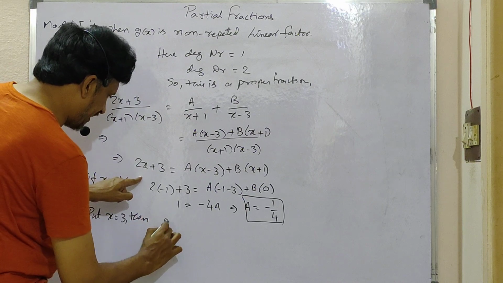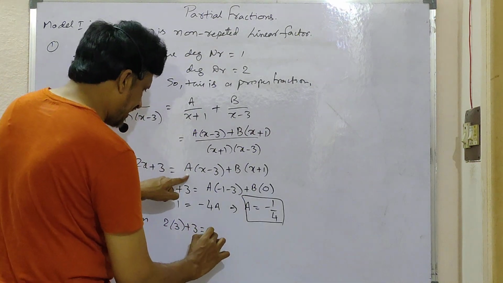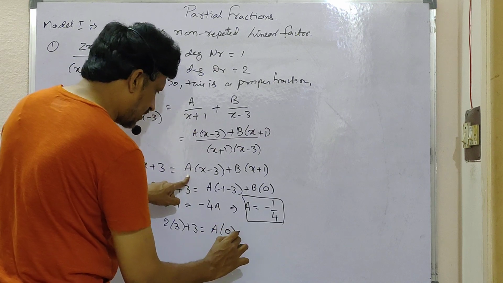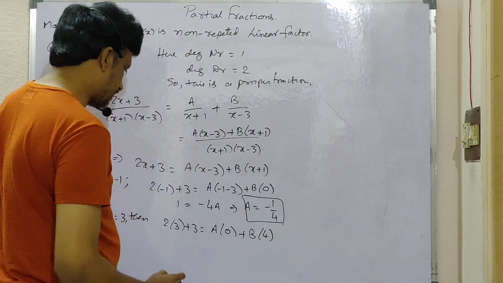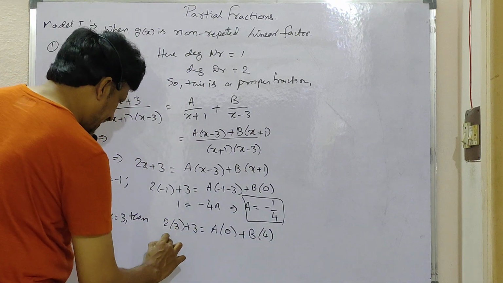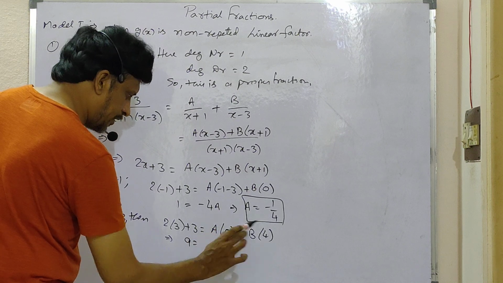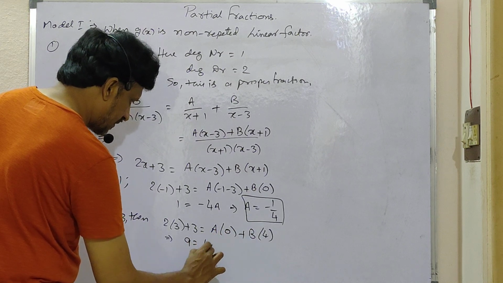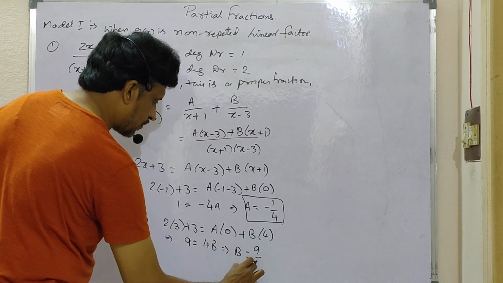Then this will be 2 into 3 plus 3, equal to a into (3 minus 3), that is 0, plus b into (3 plus 1), that is 4. So this will be 2 into 3, 6, plus 3, 9, equal to 0 into a, which is 0, plus 4b. So the value of b will be 9 by 4.